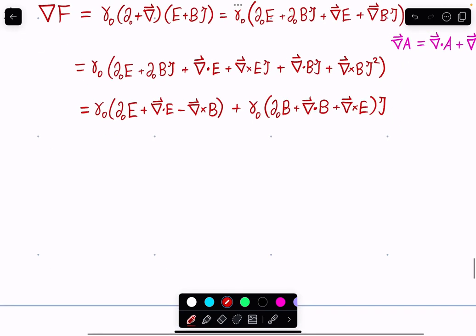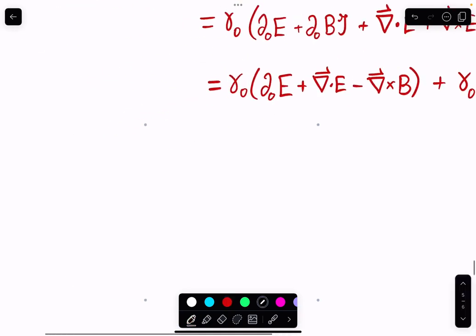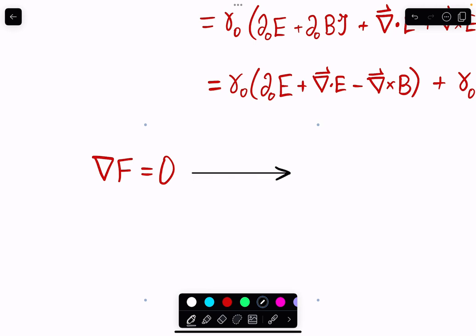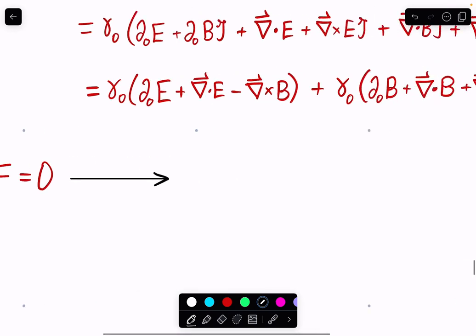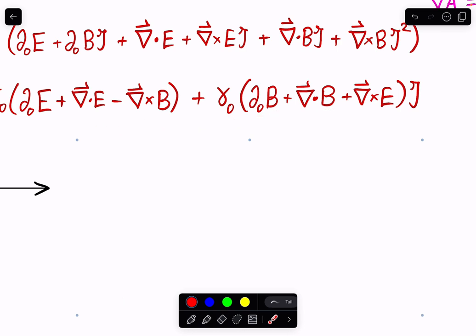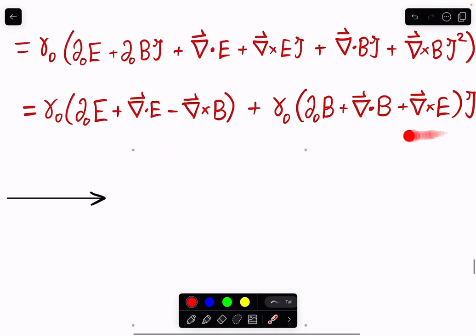And when these are equal to 0, so if you have the gradient of F equal to 0, which is what Maxwell's equations are in vacuum, then you have that this above equation here is equal to 0, which means that you can now set all of these things independently equal to 0, all of the terms that will give similar grades.